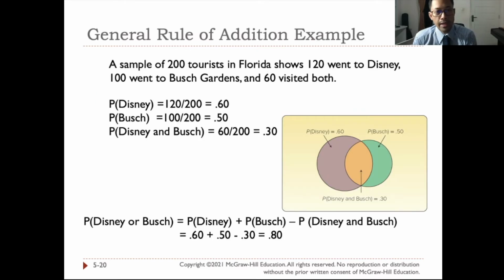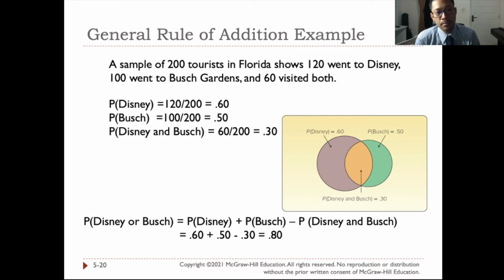Now let's take a look at an example. A sample of 200 tourists in Florida shows 120 went to Disney, 100 went to Busch Gardens, and 60 visited both. So the probability of visiting Disney is 120 divided by 200, which is 0.6. And the probability of visiting Busch Gardens is 100 divided by 200, which is 0.5. Now the probability of Disney and Busch is 60 over 200, which is 0.3.